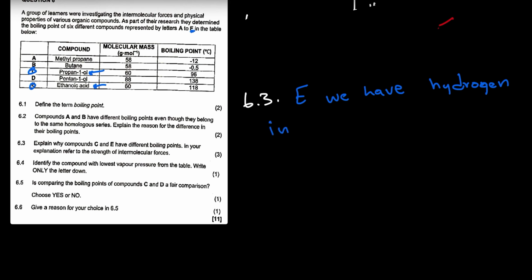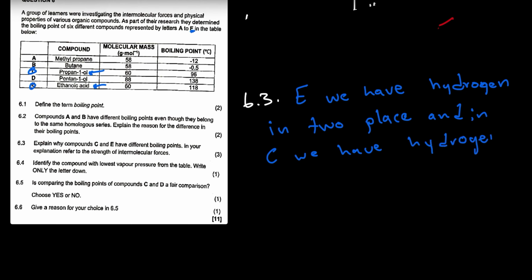You can just simplify it to be like that, in two places. And you will say, and in compound C, we have hydrogen bond in one place.